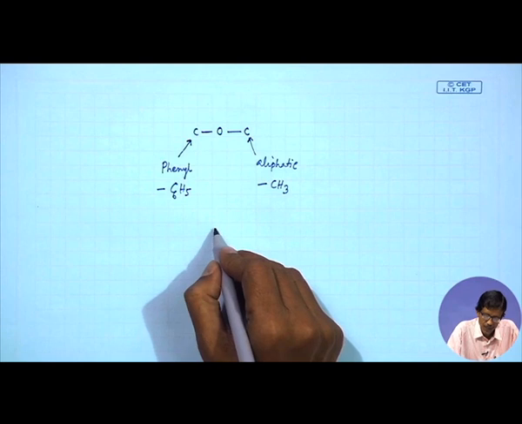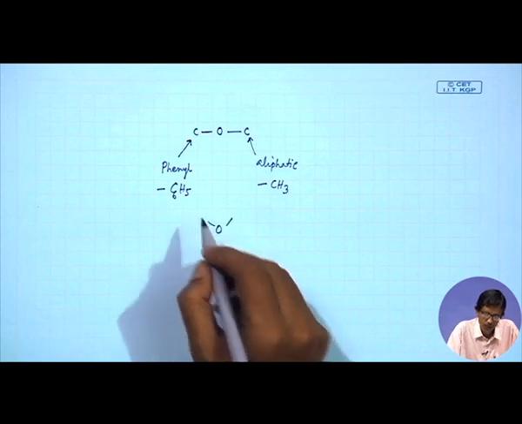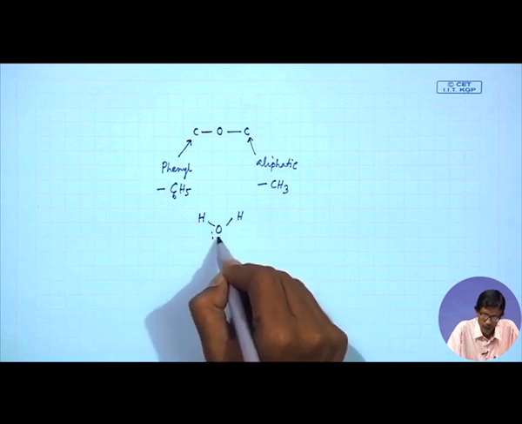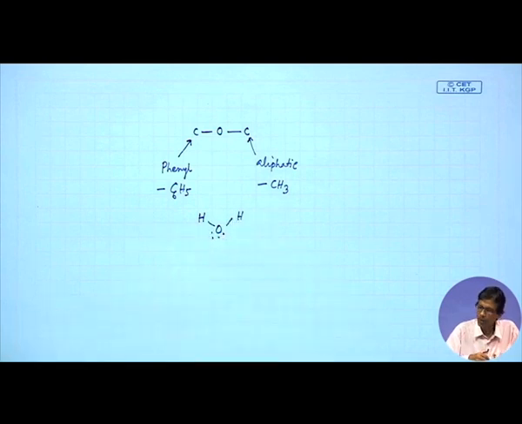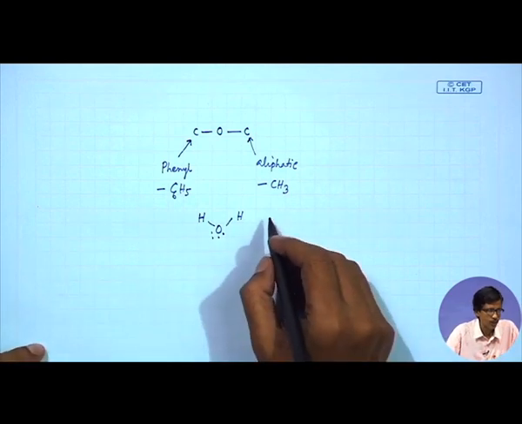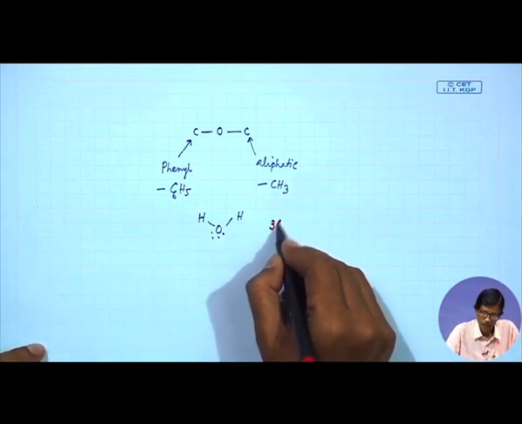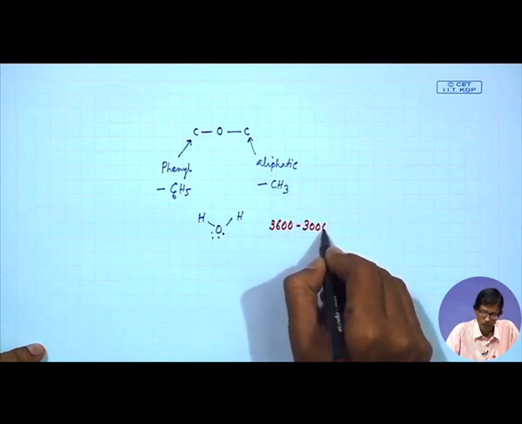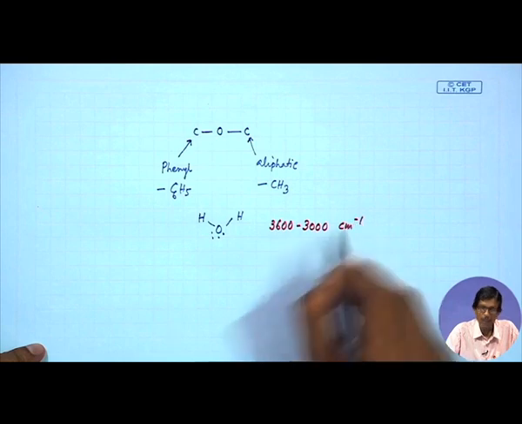So, if we simply compare this with our water molecule, in the water molecule we know that the characteristic OH stretching frequency comes around 3600 to 3000 centimeter inverse.